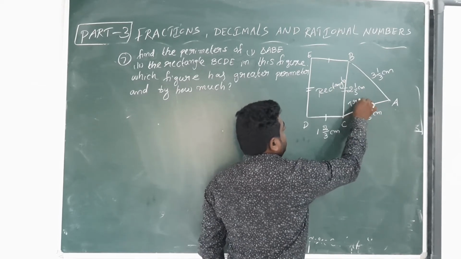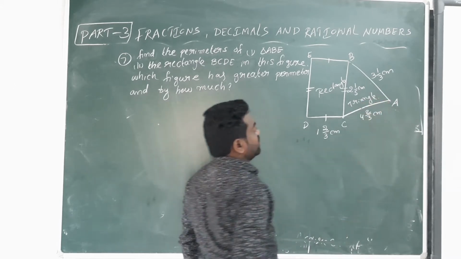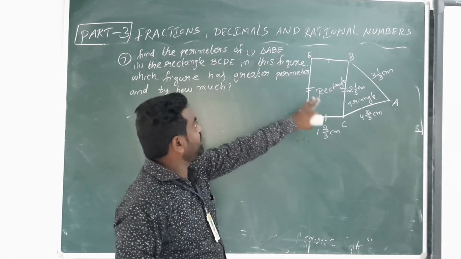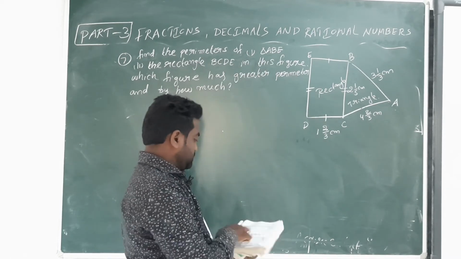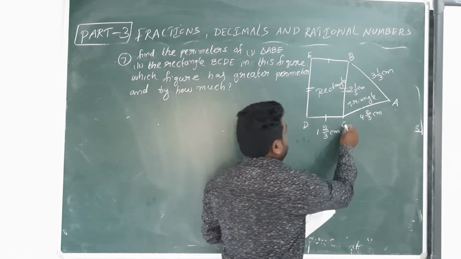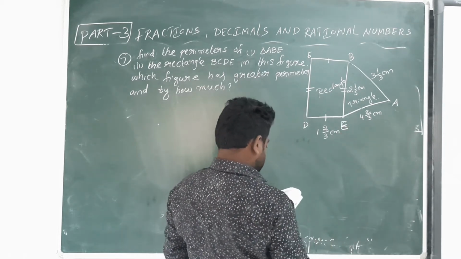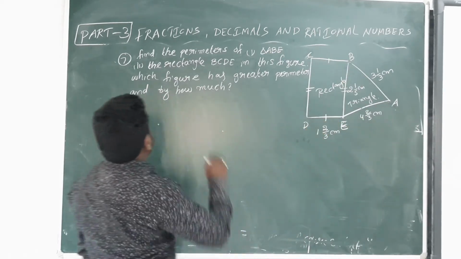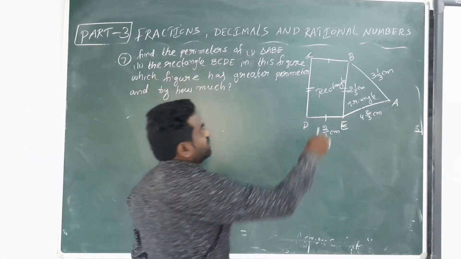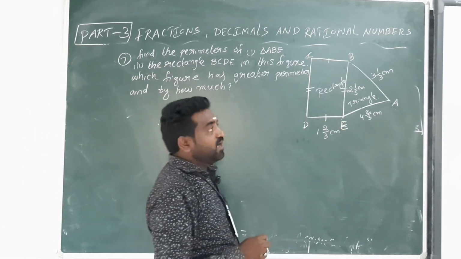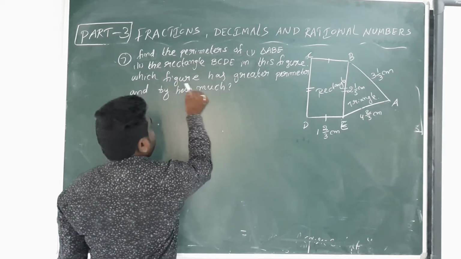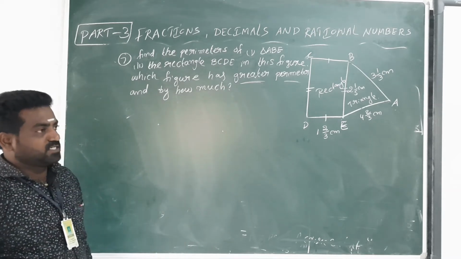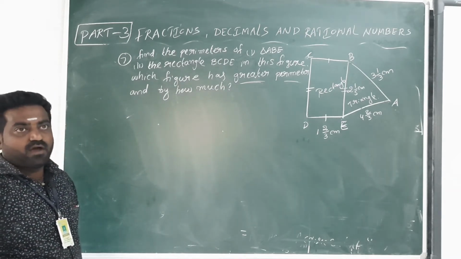Find the perimeters of triangle ABE and the rectangle BCDE. In this figure, which figure has greater perimeter and by how much?